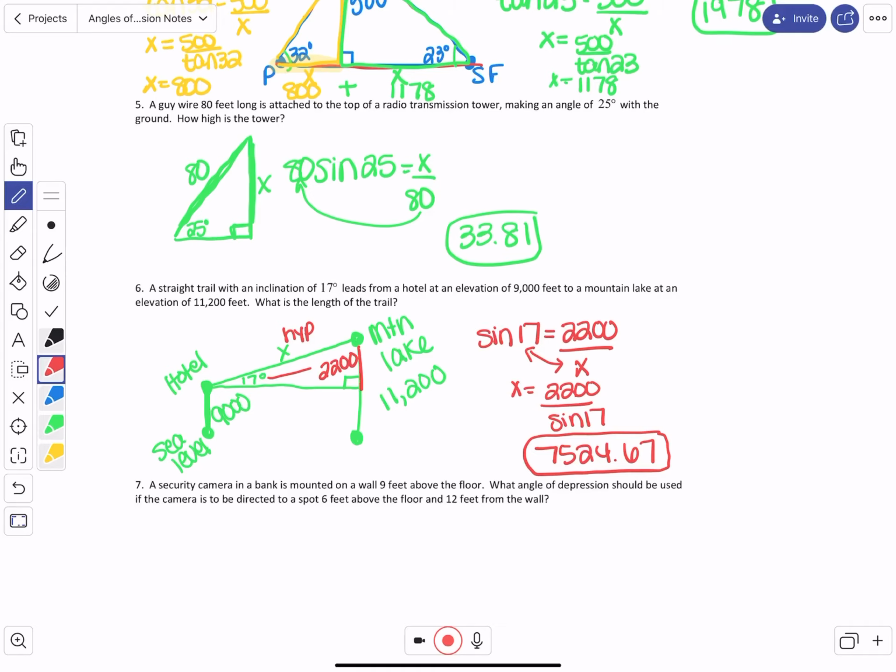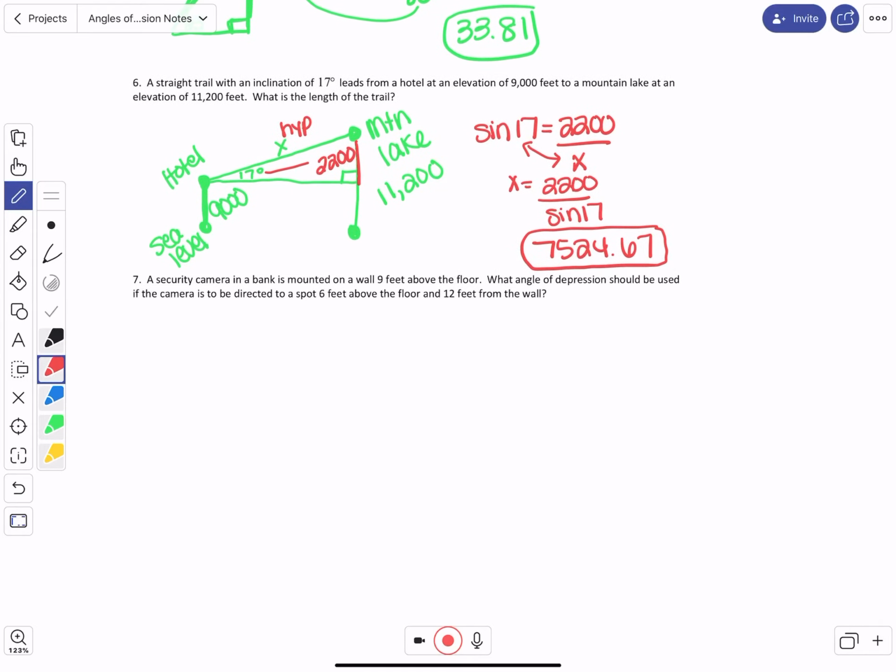Okay. Last one, very similar to this. A security camera in a bank is mounted on a wall 9 feet above the floor.